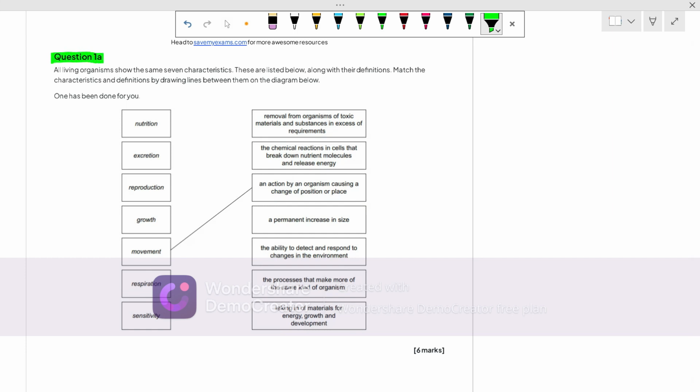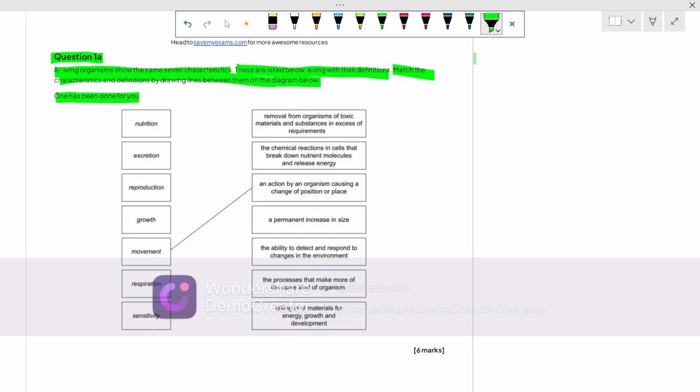Question 1a. All living organisms show the same 7 characteristics. These are listed below along with their definitions. Match the characteristics and definitions by drawing lines between them on the diagram below. 1 has been done for you.